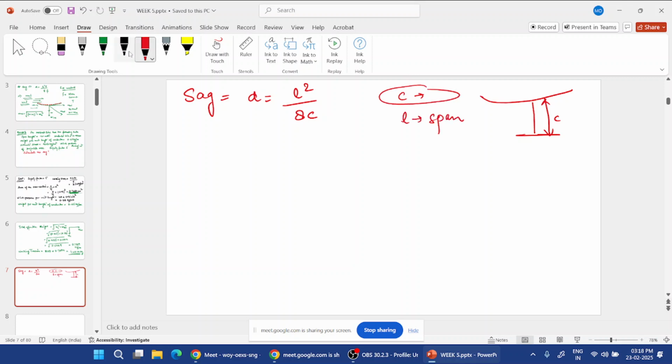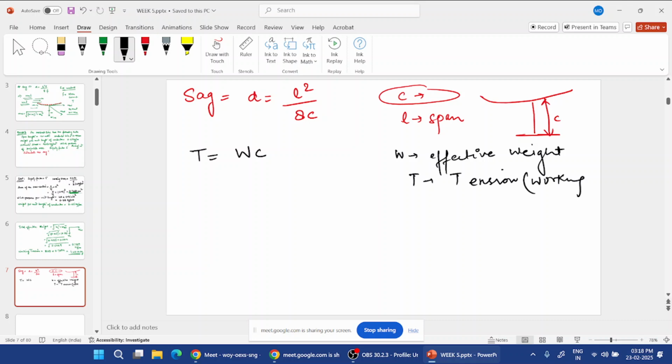So basically we have to calculate C. We know the formula to calculate C: T is equal to W into C, where W is the effective weight and T is the tension, which is the working tension we have just calculated. So based on that, C is T upon W.